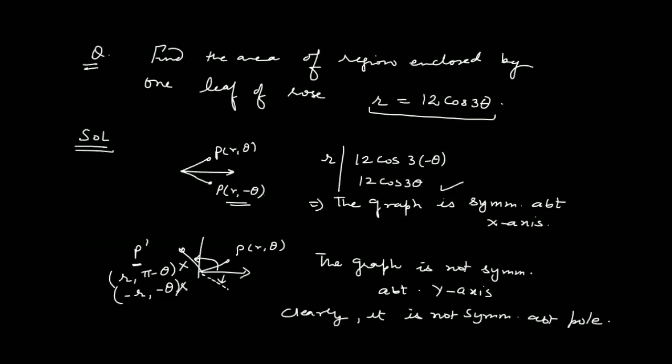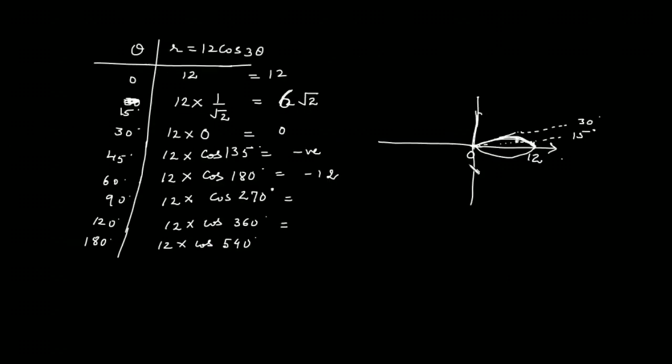So now just see in the question, we have to find the area of the region enclosed by one leaf of the rose. That one leaf is this one, we have to find the area of this. So we consider this as the pole and we pass the initial ray through this.